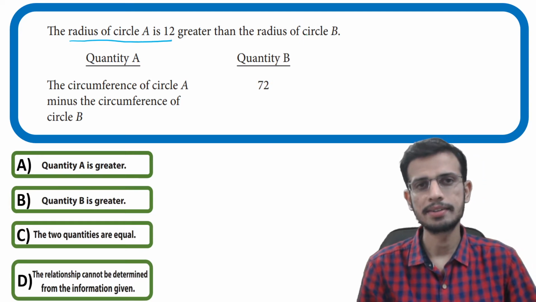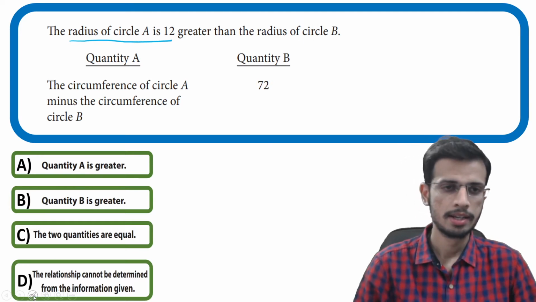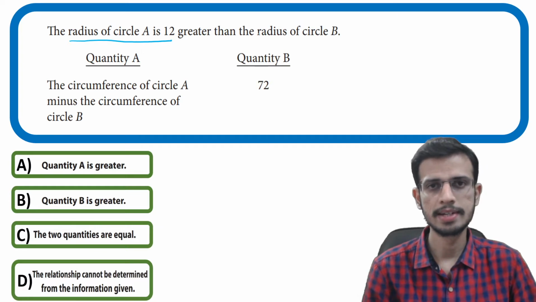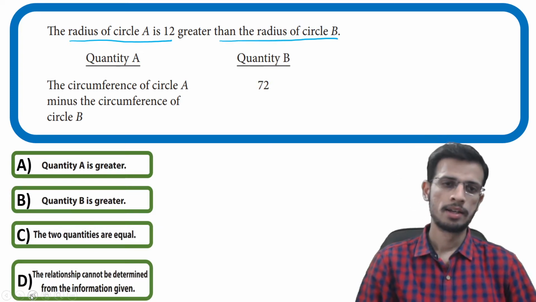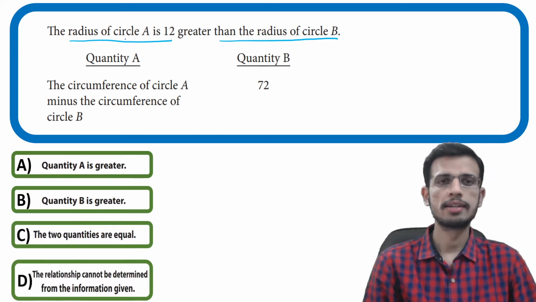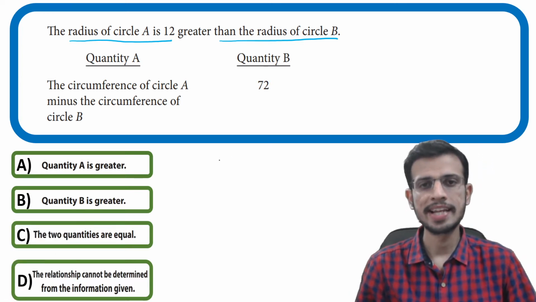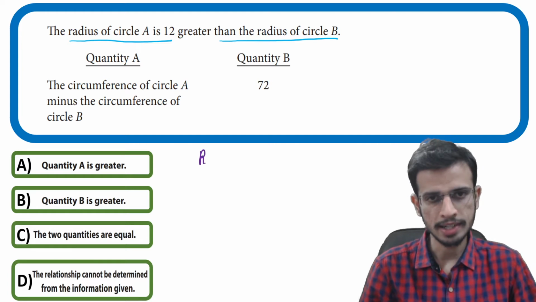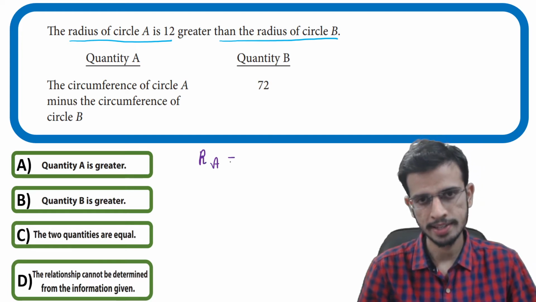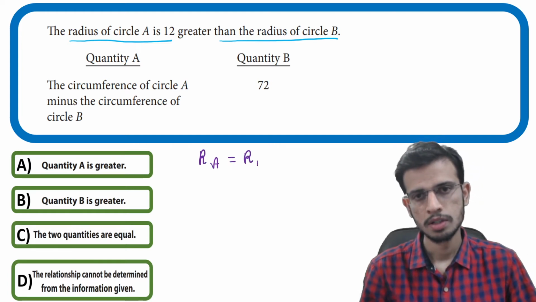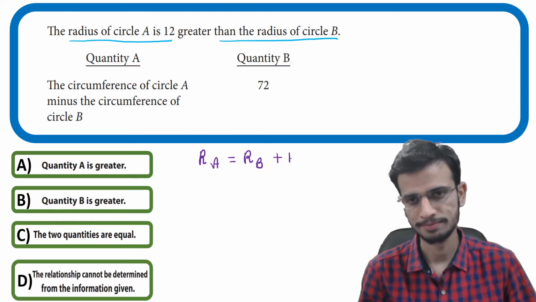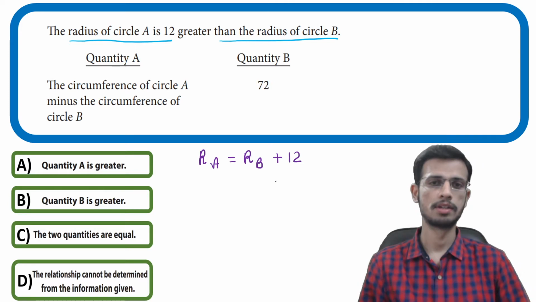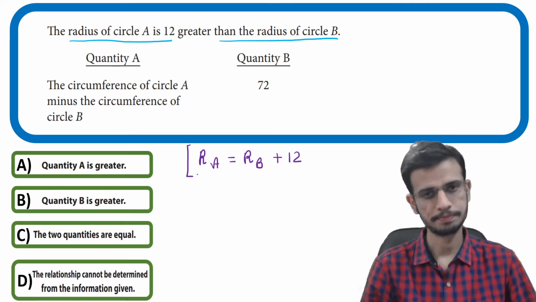So from the given information we can write radius of circle A is equal to radius of circle B plus 12, right? We can write this equation.